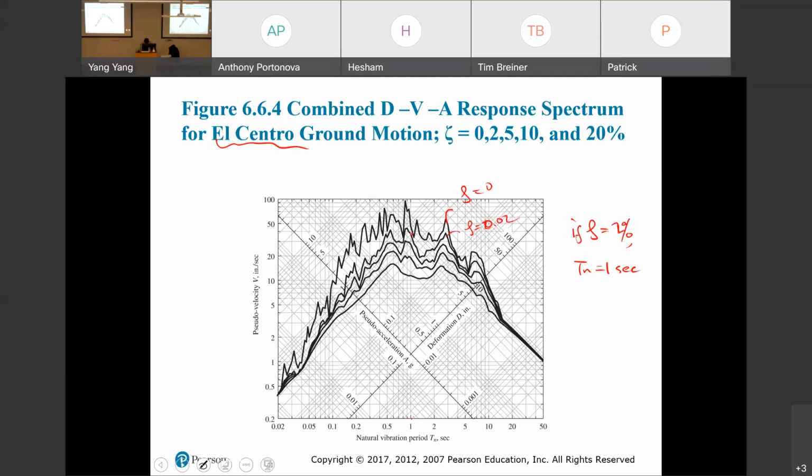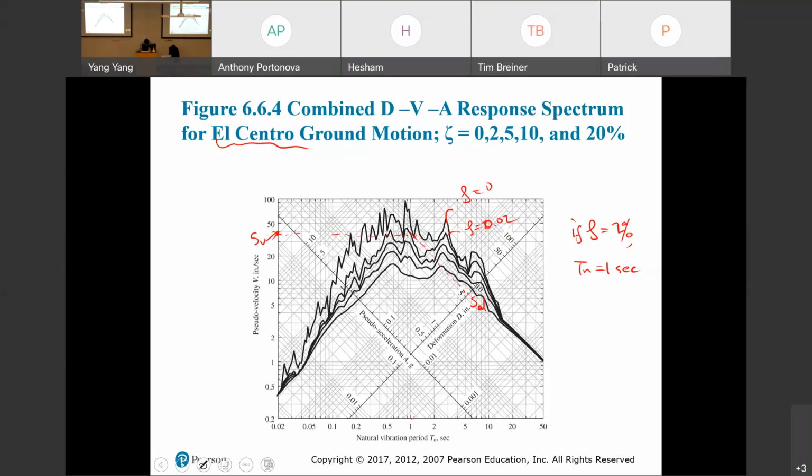In order to tell the pseudo velocity, this is the pseudo velocity value. Similarly, we should be able to get the displacement somewhere here. So this is the displacement value.